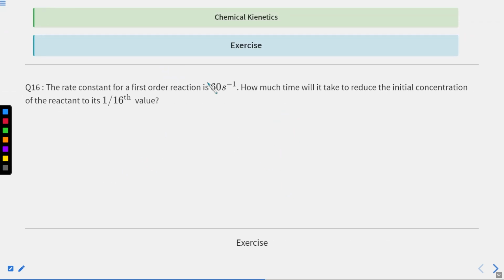Next: the rate constant for a first order reaction is 60 per second. How much time will it take to reduce the initial concentration to 1/16th of its value? So what is being told here is that we have a first order reaction whose rate constant is 60 per second. Suppose the initial concentration A naught is x. So the final concentration will be x by 16, and the time is asked for this change.